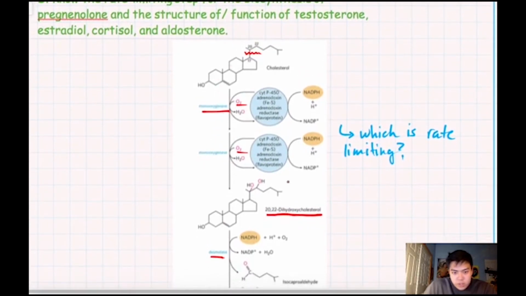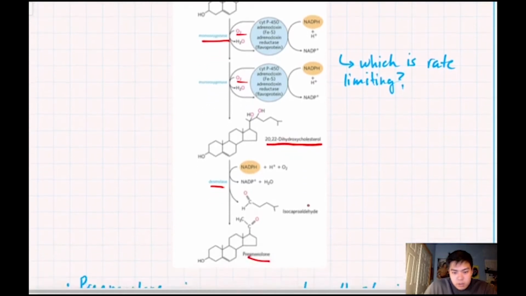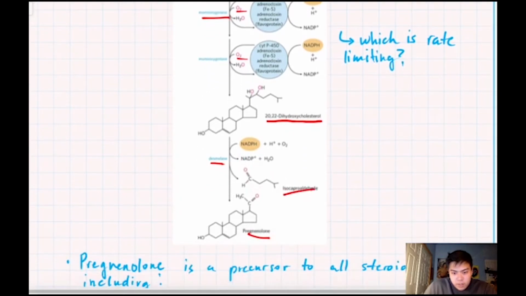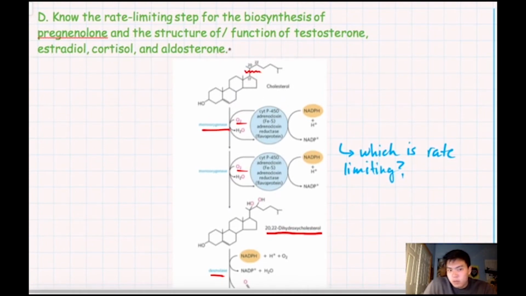Know the structures, know the names, know your reactants, know your products. Isocaproaldehyde, that's a product that's released in the second step. And the objectives ask us to know the rate-limiting step.